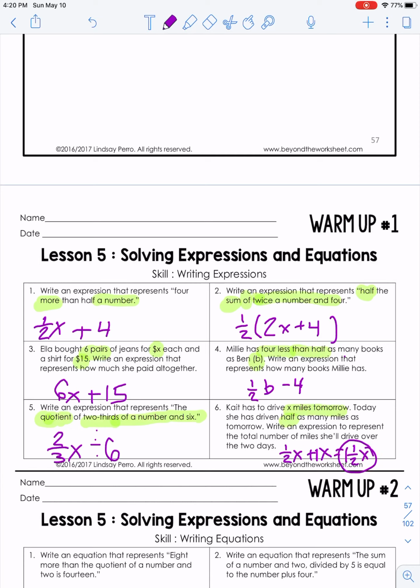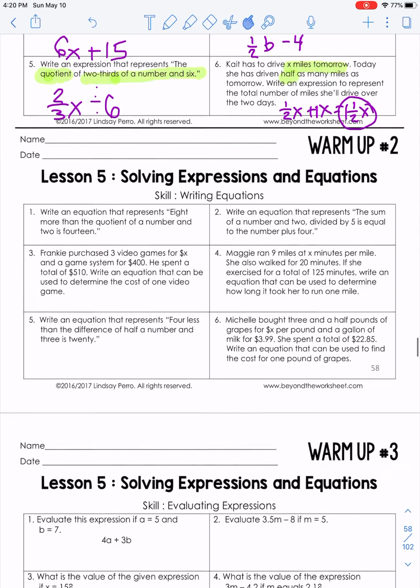So that would be our expression. 1 and 1/2 x is how far she'll drive over the 2 days. So when we're writing expressions, it's all about reading and translating words into a number sentence.